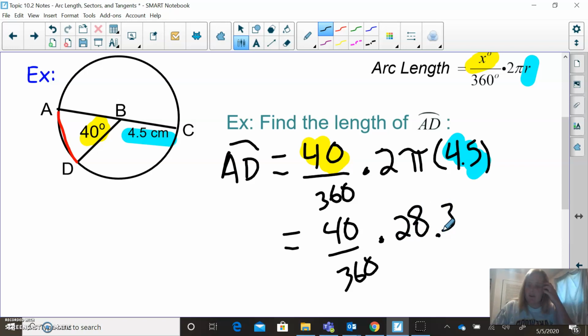Okay, I rounded it. It's 28.27433388. So I rounded it to 28.3.